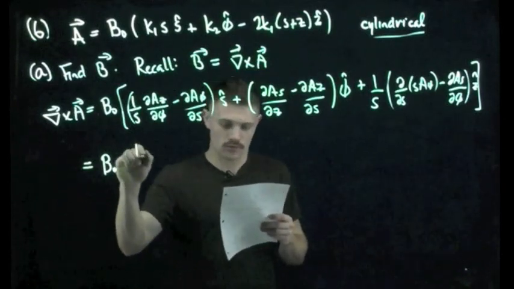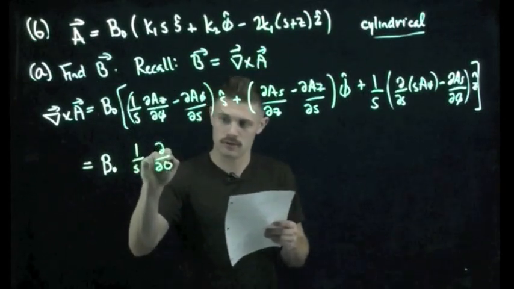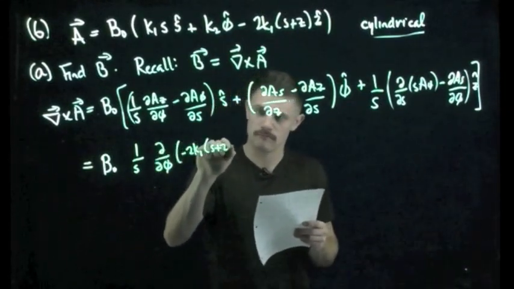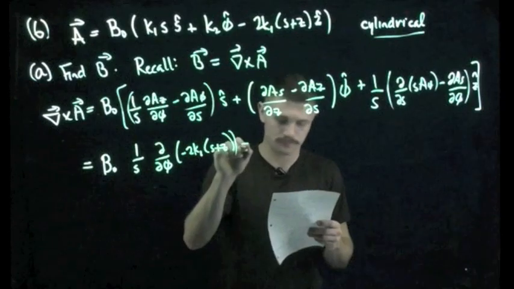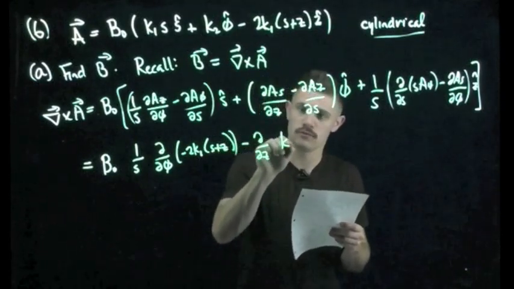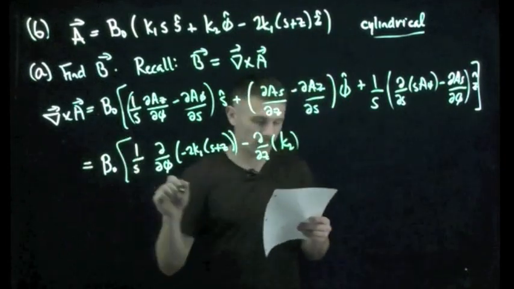And this is just 1 over S, d by d phi, negative 2K1 S plus Z, minus d by dz of K2. Put a big bracket around here.